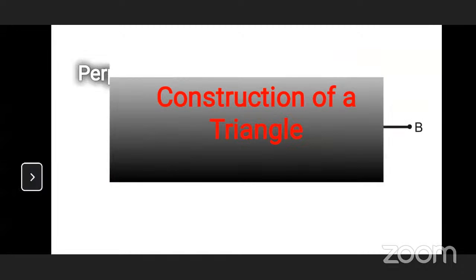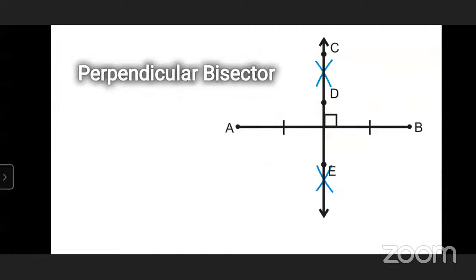Another thing: while taking information about the perpendicular bisector, we also take more information about the properties of the perpendicular bisectors of the sides of a triangle.